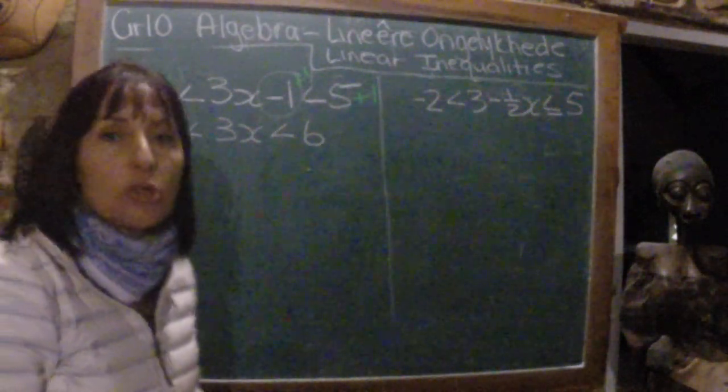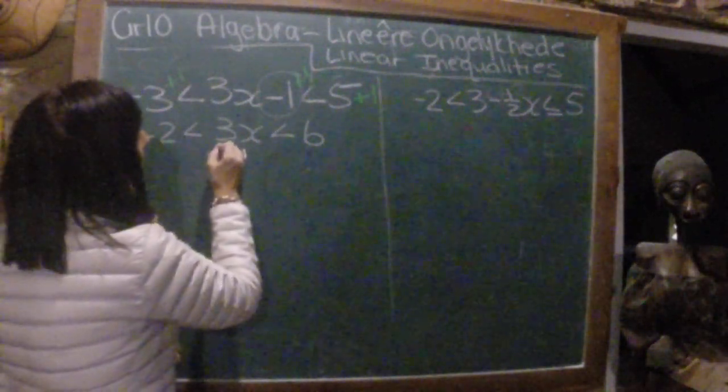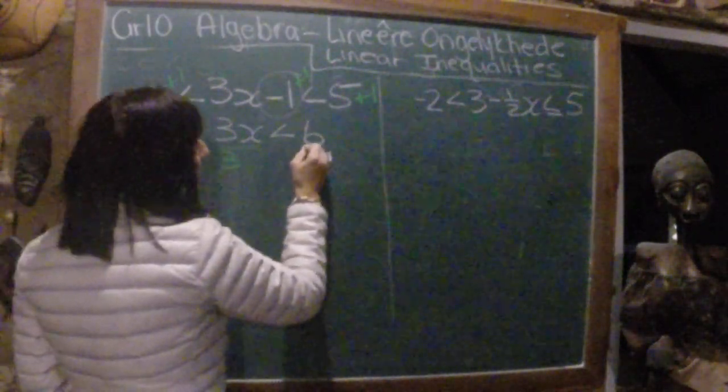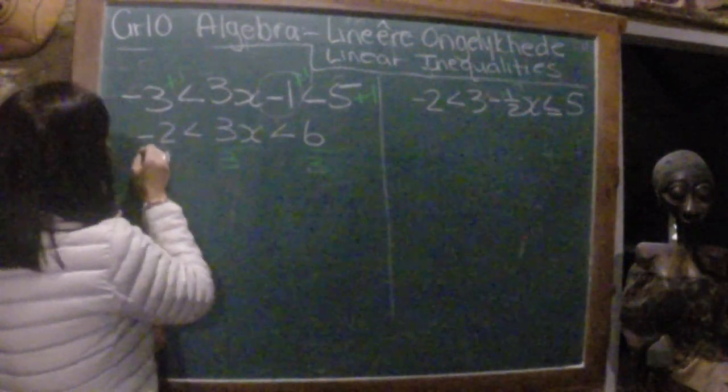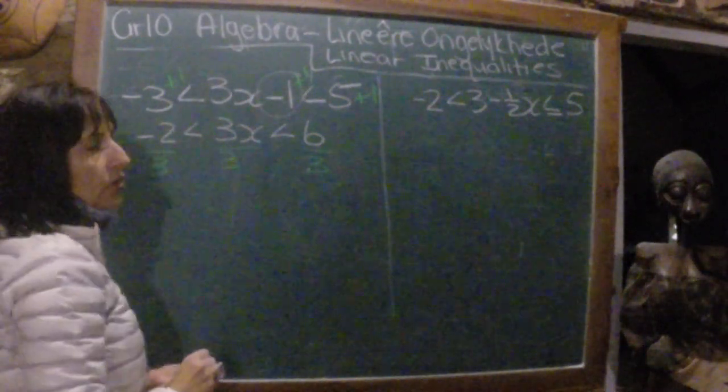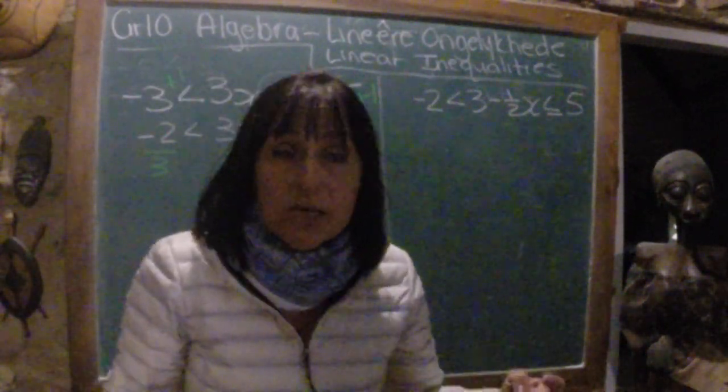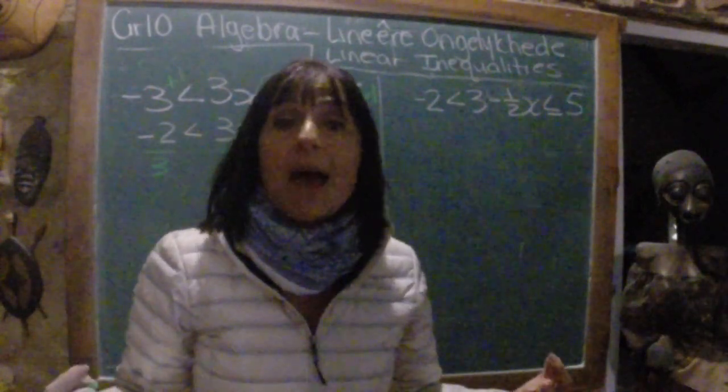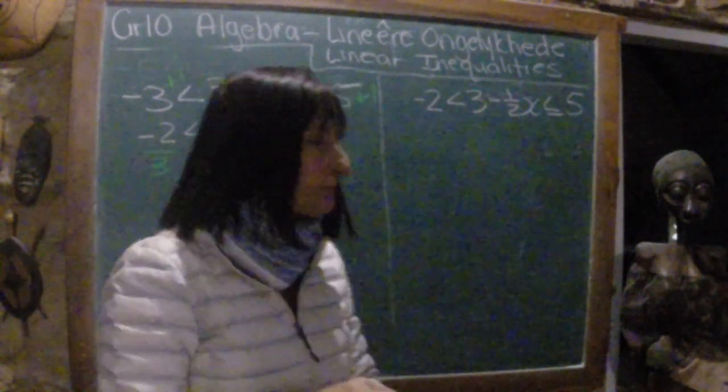Nou gaan juffrou deel met 3, want ek wil die x alleen hê. Wat ek in die middel doen, moet ek aan al die kante ook doen, en omdat ek deel met 'n positief, ruil die ongelykhede nie om nie.